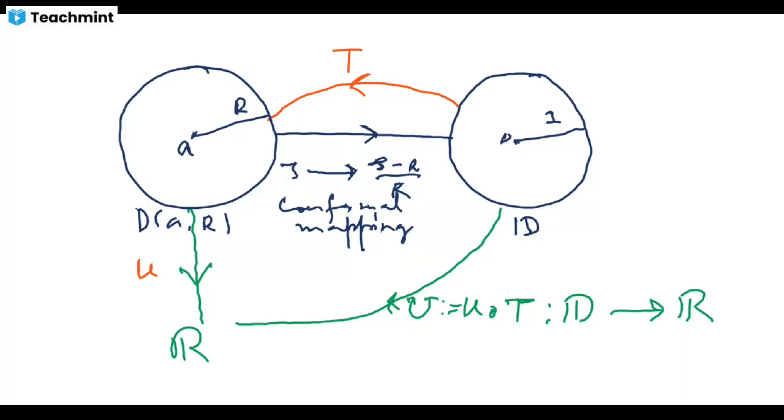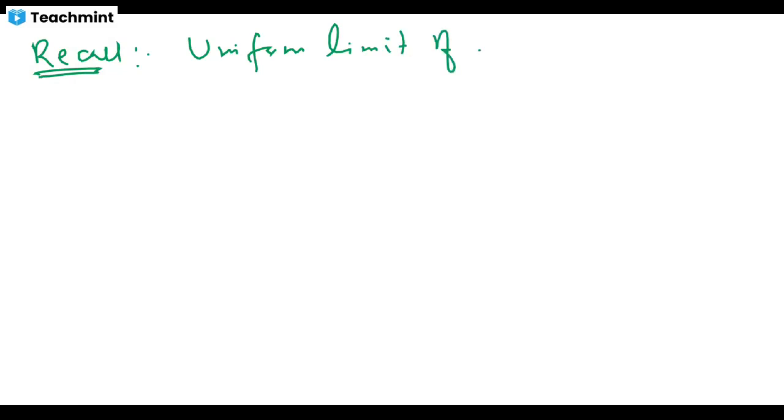Okay then. Now let's come to Harnack's principle. But before that, let me briefly recall one of the results that we will be using: is a uniform limit of harmonic functions a harmonic function?